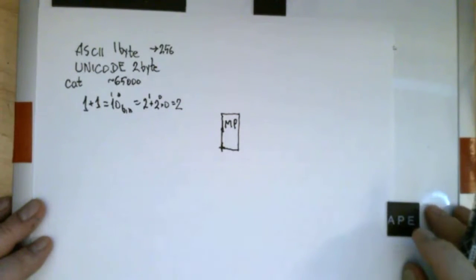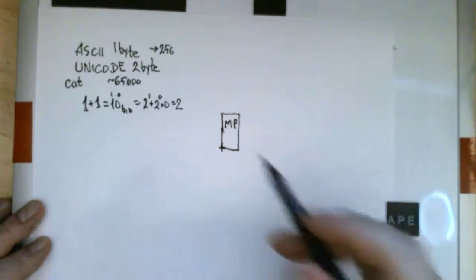Because in the history of computers, the processor used to be big, like a table. Then it became like a shoe box, then like a keyboard, then smaller and smaller. Now a microprocessor looks like a SIM card that you use in your cell phones.